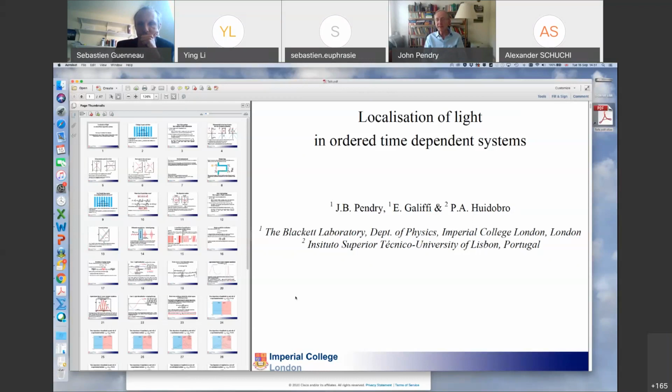I wrote a paper about this a very long time ago, about 20 years ago. And at that time, I envisaged a grating which was physically moving. And I hadn't come on to the fact that you don't have to have the grating physically moving. It's enough to have just the modulation moving. So that's a real possibility.